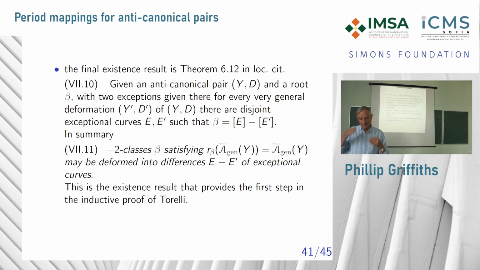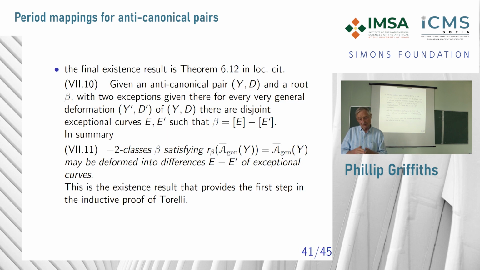So now you've dealt with the curves with negative self-intersection, either -1 curves or -2 curves. You look at the ones that have positive self-intersection. That's where this generic ample cone comes in. That's what keeps track of those.